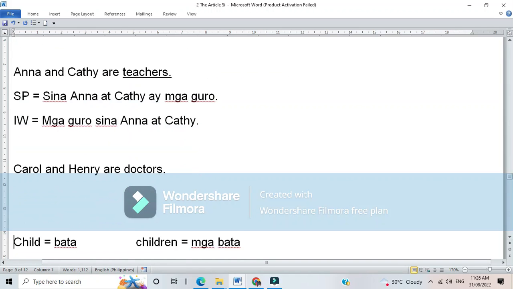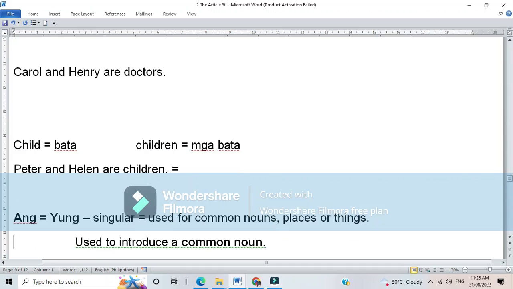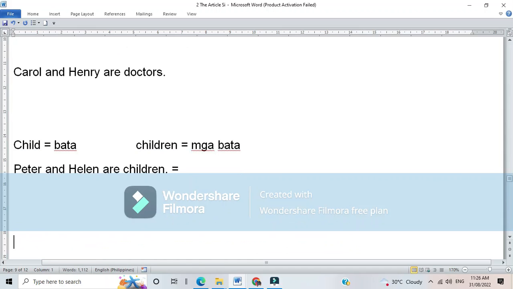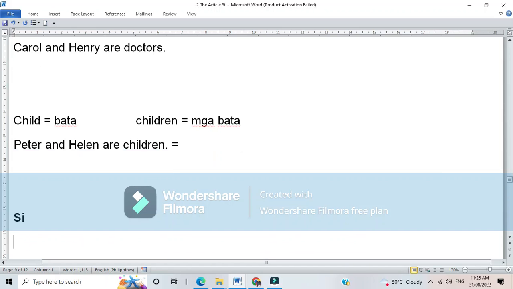Okay? So that is the use of si again. What is the use of si? Okay, so si is used to introduce a proper noun as the subject of the sentence. And the word sina, article sina, is used to introduce two or more persons' names.